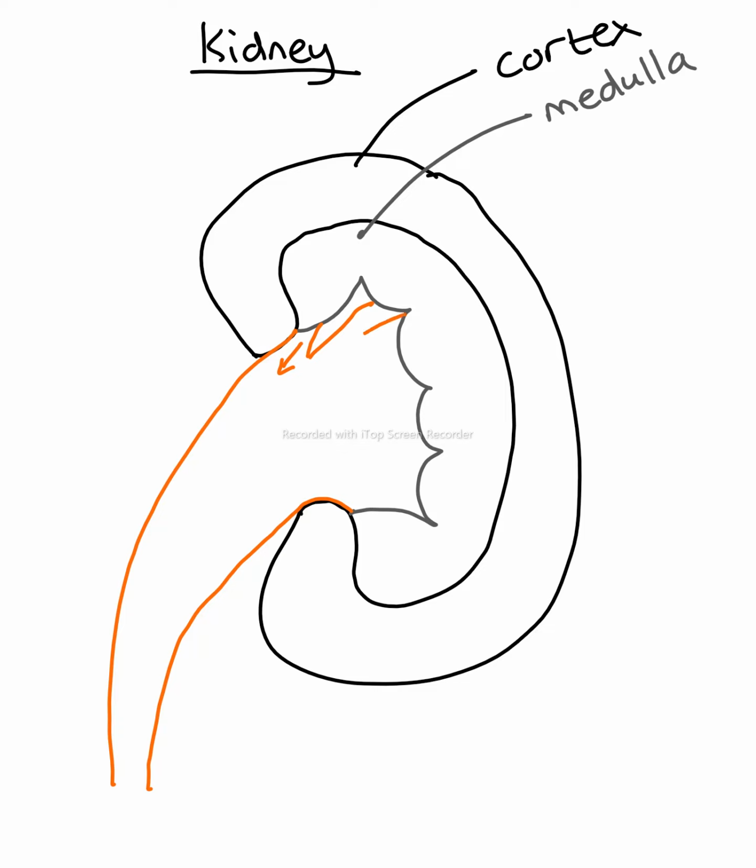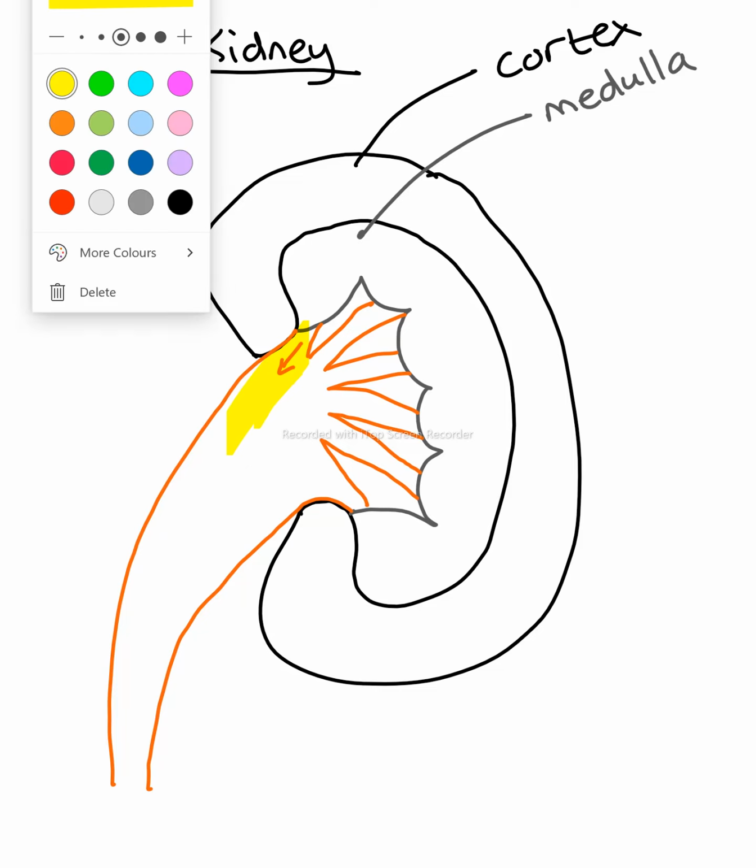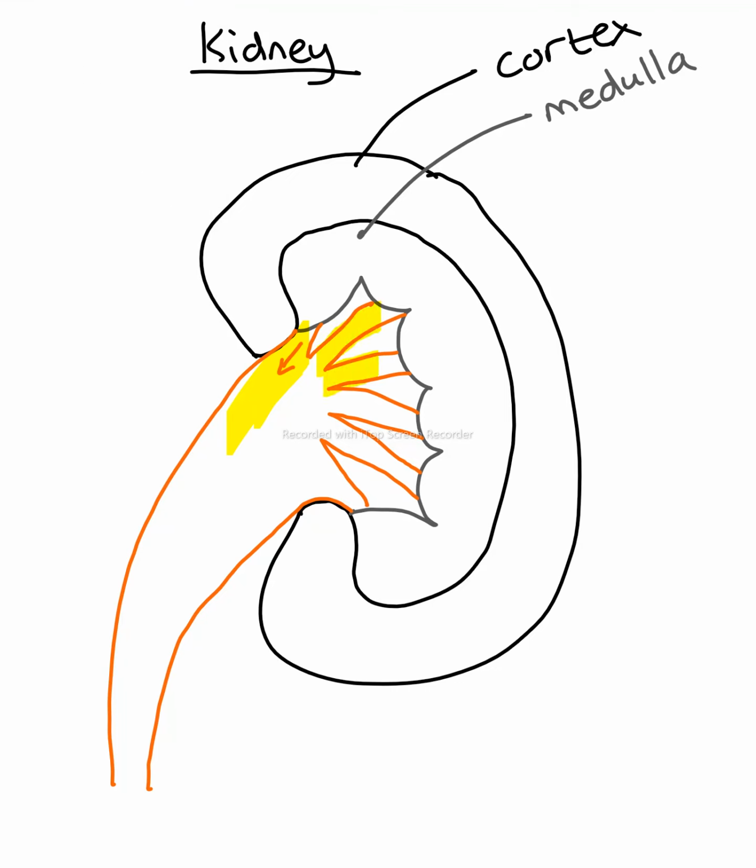There'll be one tube coming out of each of these little pyramids. So what'll happen is you'll have waste coming out of there. Let's try and make that a bit smaller. Yeah, there you go. So the waste is coming out of the kidney. This is in effect urine. This is what your body wants to get rid of.